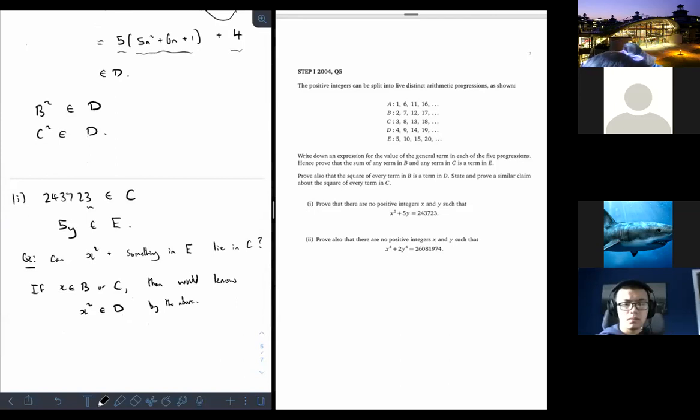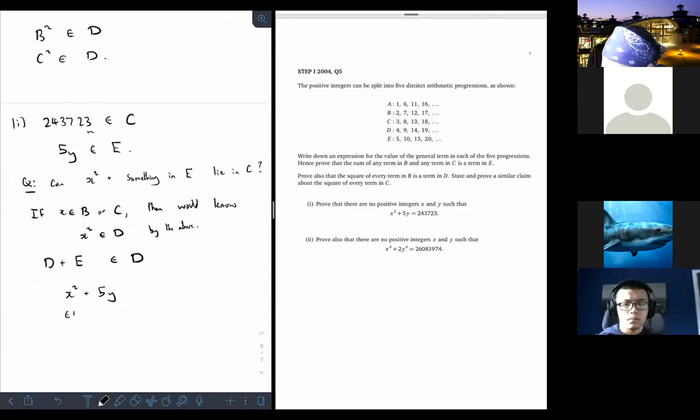But similarly to what we did before, if we add something in D to something in E, we can show that this is actually in D again. So in either of these 2 cases, if x was in B or C, then the expression x squared plus 5y would be something in D plus something in E. So this would be in D, not in C.